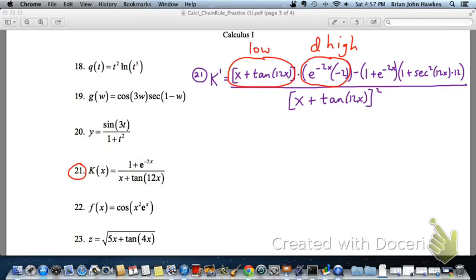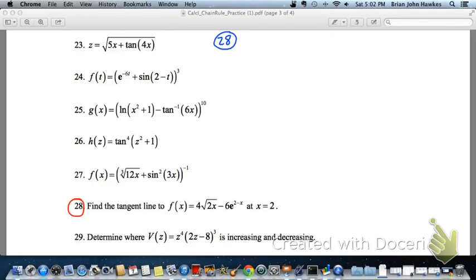Low d high, that's the derivative of the numerator, minus the high, and right here is our d low, the derivative of our denominator. And then over here we have our low squared.